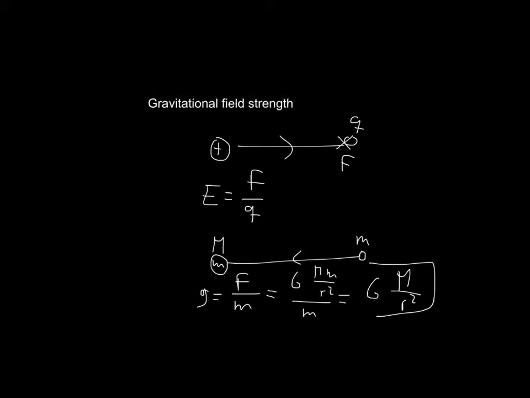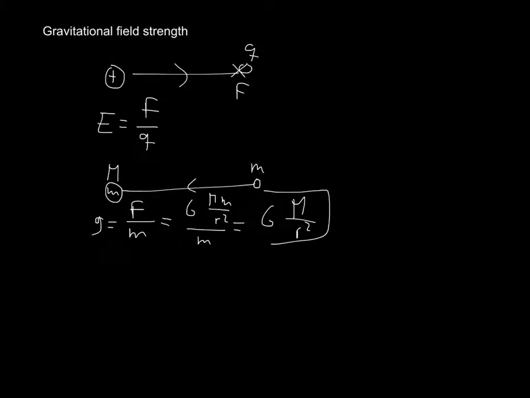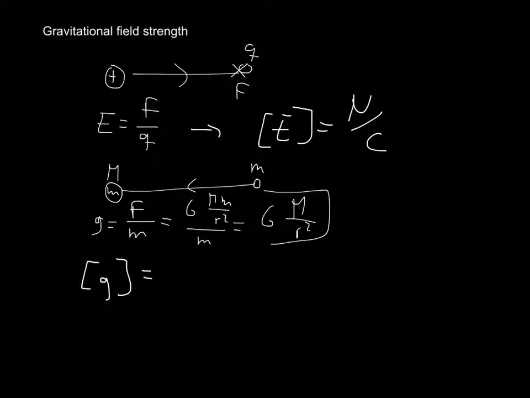But there's something special about this. The units of the electric field strength were newtons divided by coulomb. In this case, the unit of the gravitational field strength is newtons divided by kilogram. But newtons are kilograms times meter divided by second squared, as you remember.